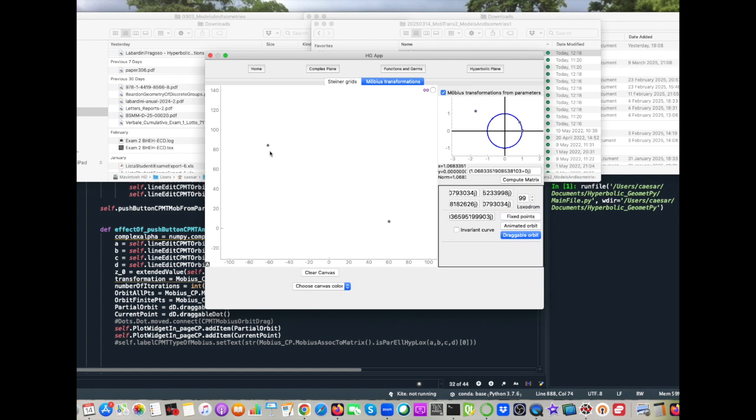Let me start with minus 60 plus 80 J, more or less. I think that should work. That shouldn't crash. Yeah, so kind of getting away.